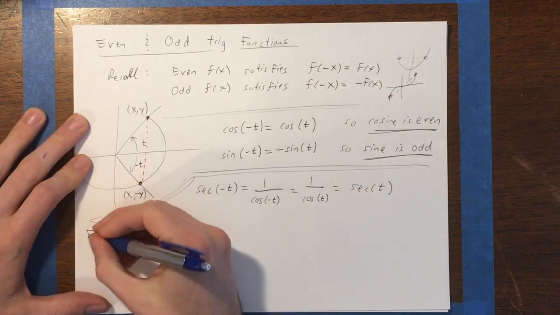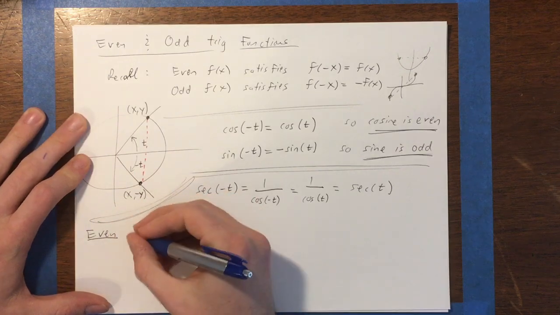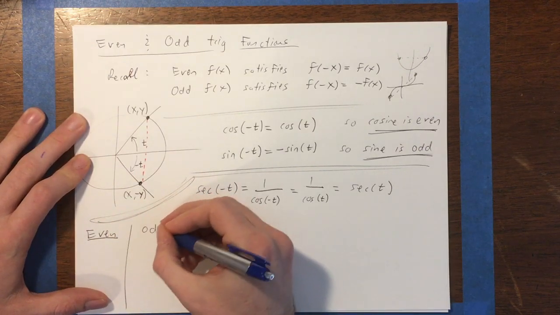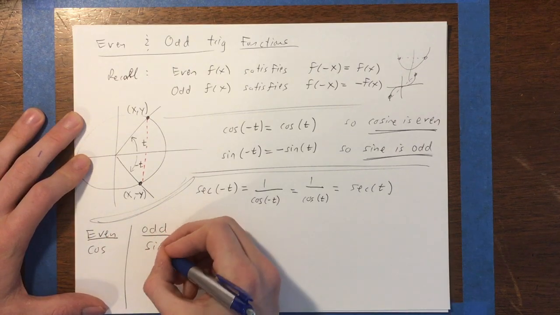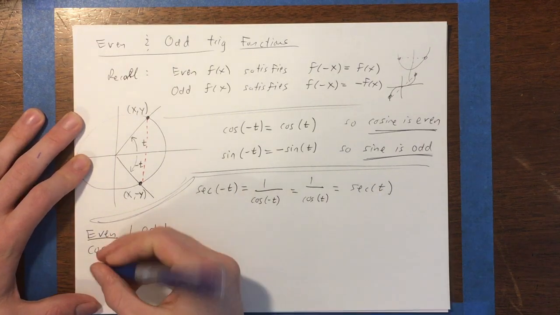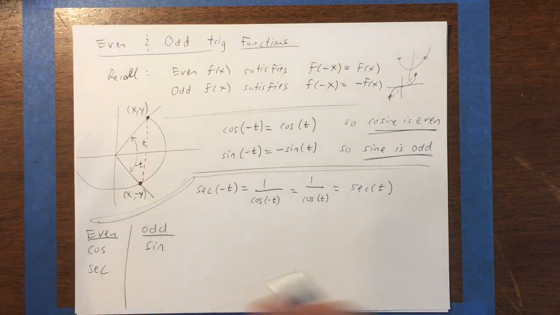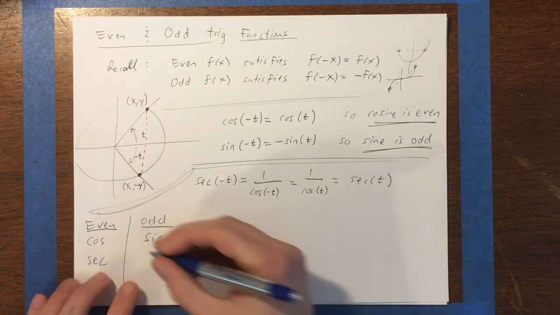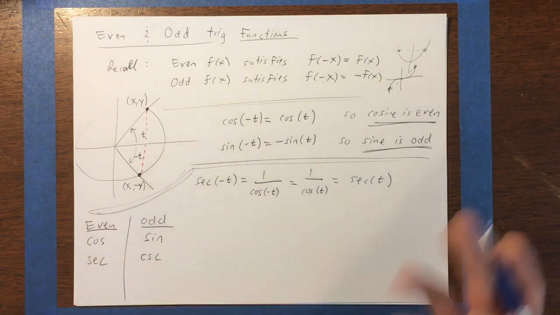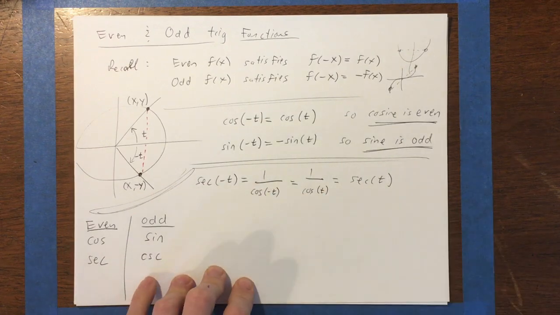Let's start divvying these up into categories here. We've got cosine on the even side and sine on the odd side. This here shows that secant is also on the even side, which makes sense if it's just the reciprocal of cosine. Cosecant, since it's just the reciprocal of sine, is going to be on the odd side. You can prove that for yourself in a very similar way.